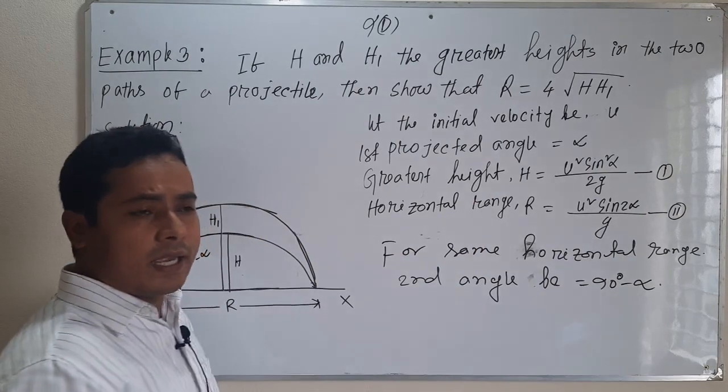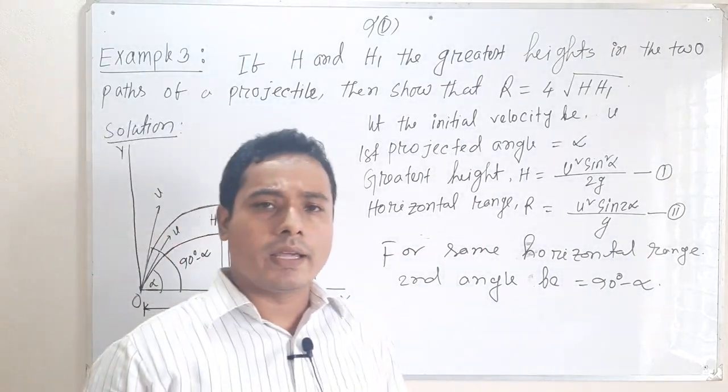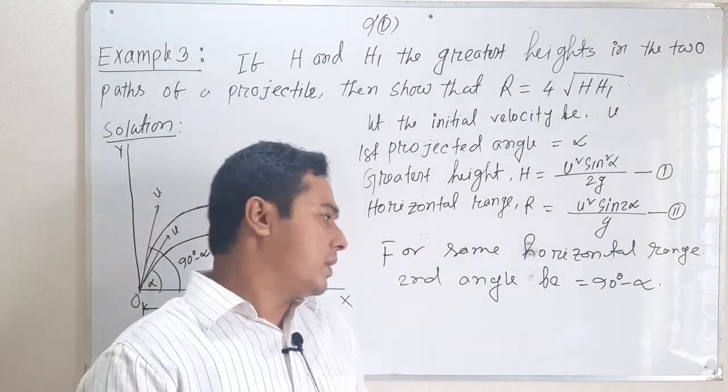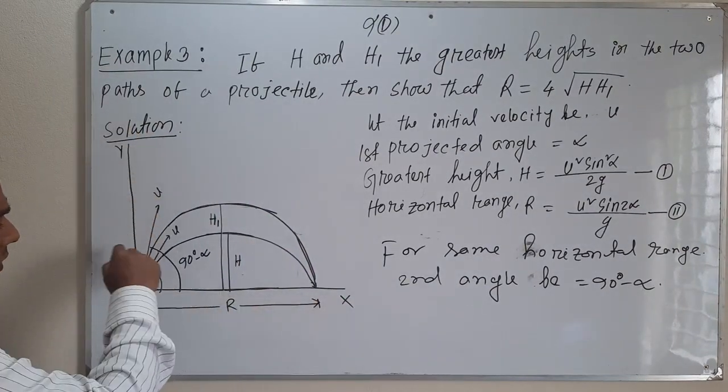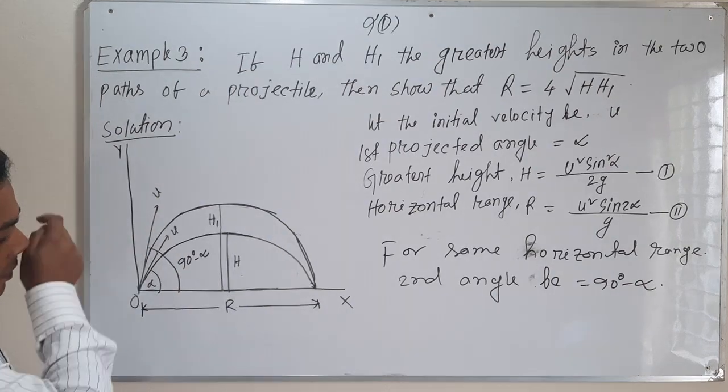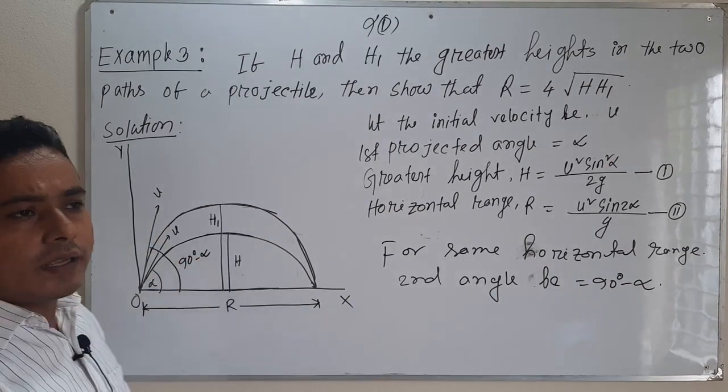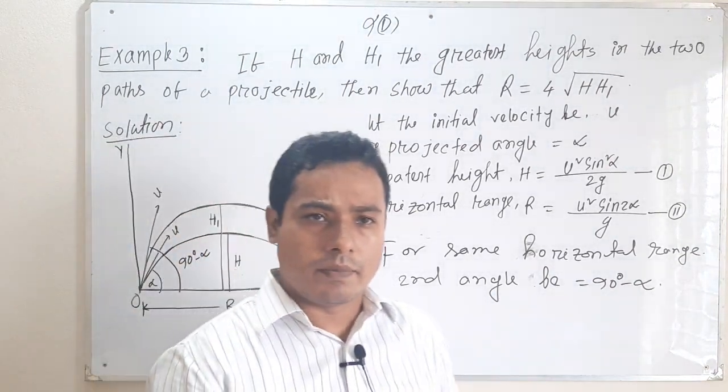If one angle is alpha, because the total vertical plane xy plane is 90 degree, then another angle you can use is 90 degree minus alpha.